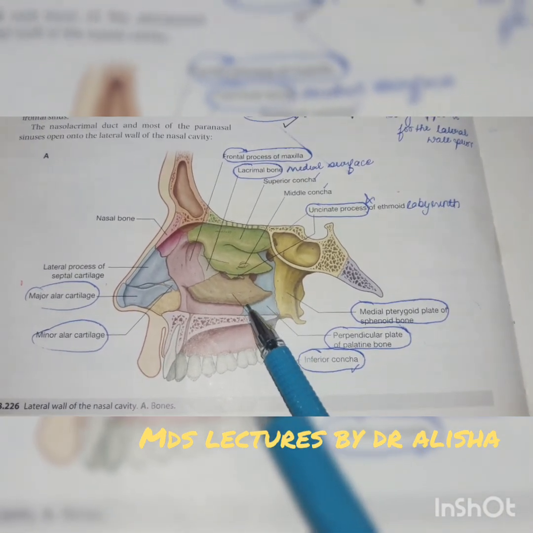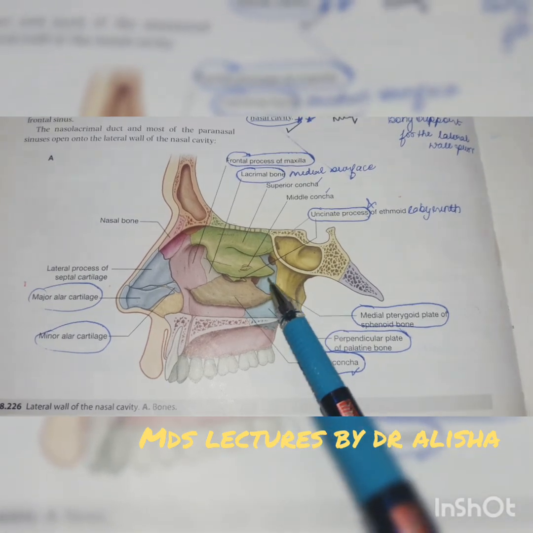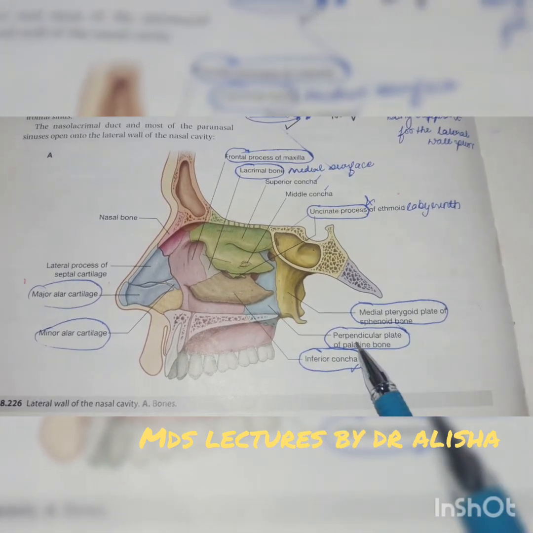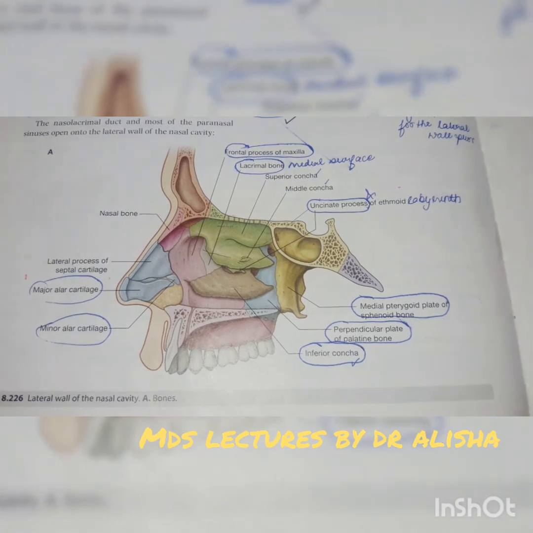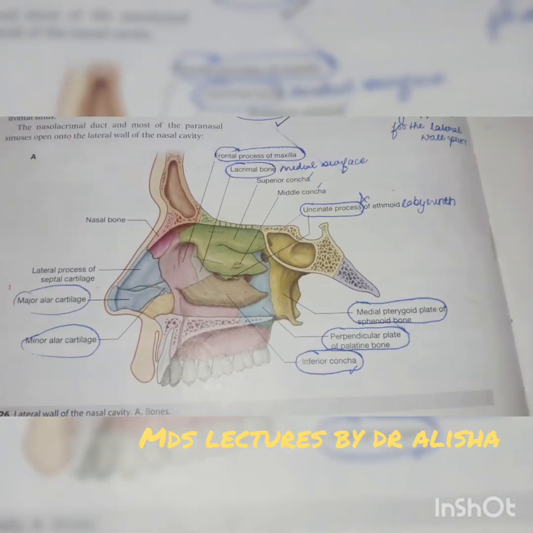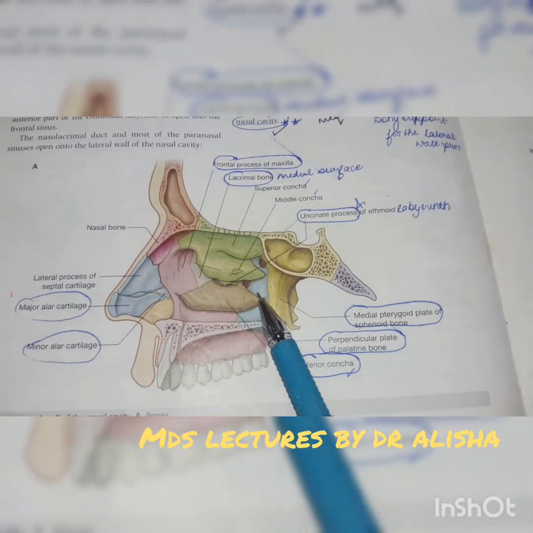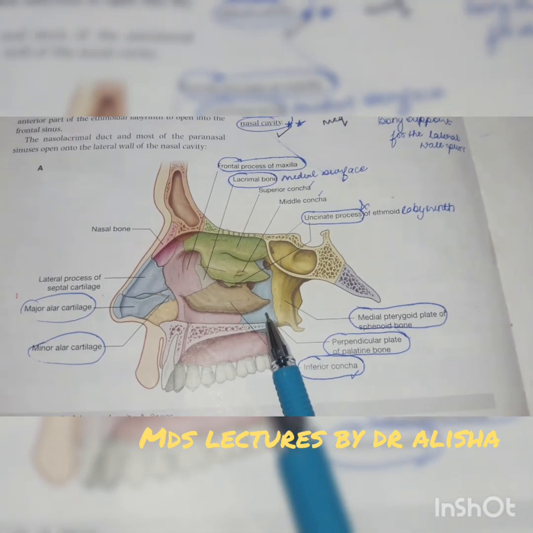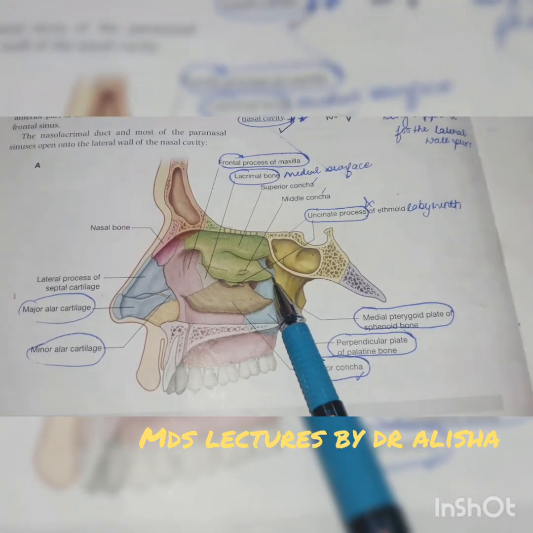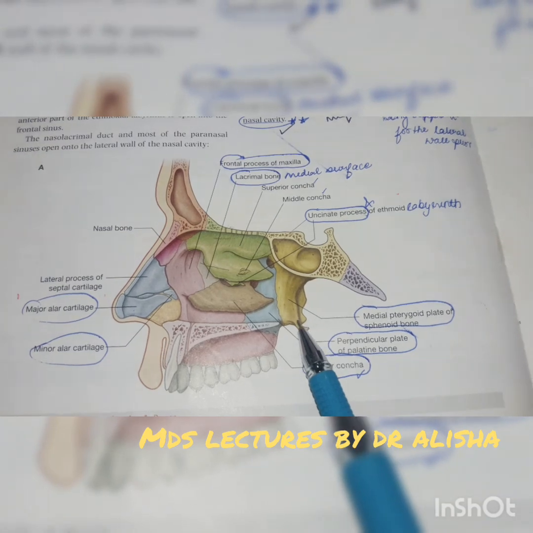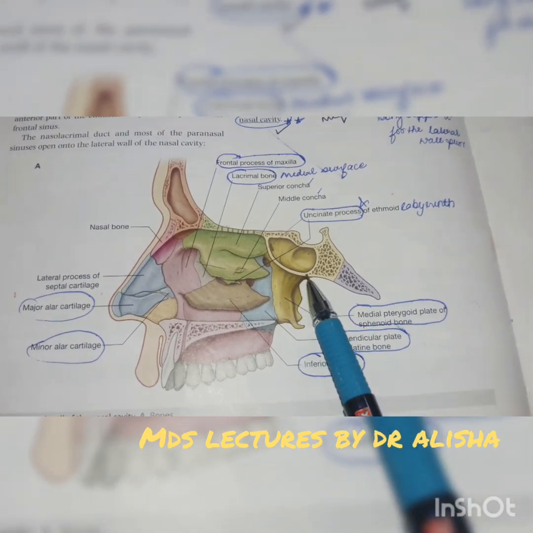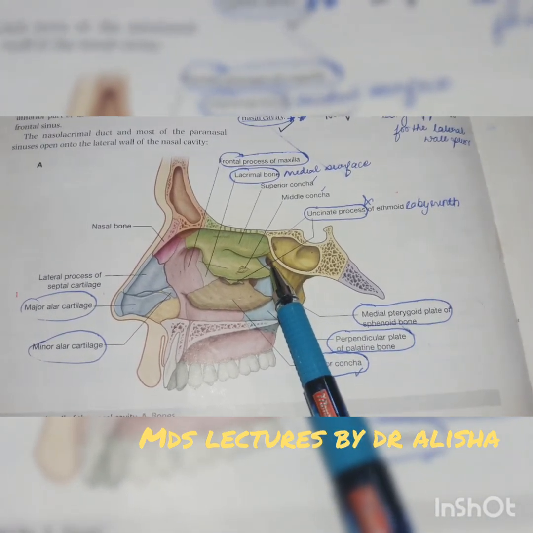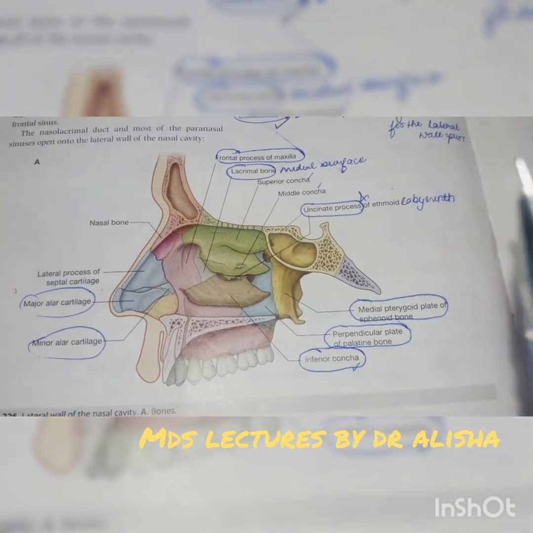Then, the blue colored one is the perpendicular plate of the palatine bone. Adjacent to this perpendicular plate of the palatine bone is the medial pterygoid plate of the sphenoid bone.